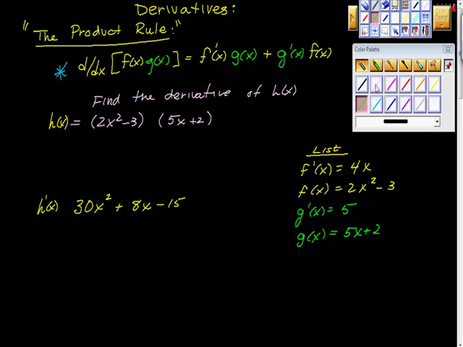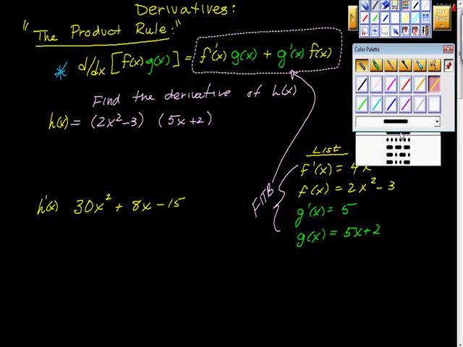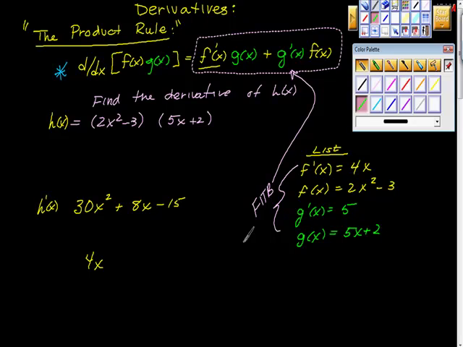Now we're going to use this list we made and just fill in the blanks. It says we need f prime of x, which is 4x, and we're going to multiply that times g of x, which is 5x plus 2.